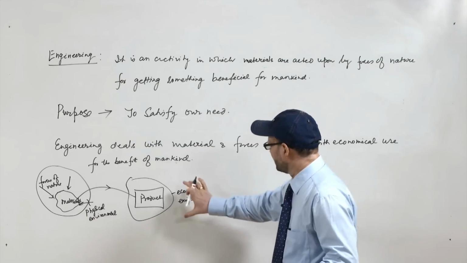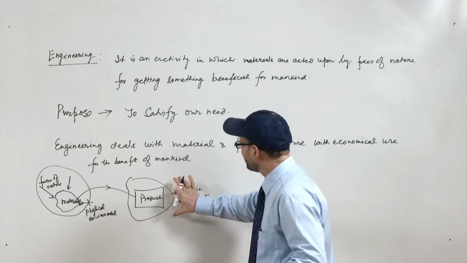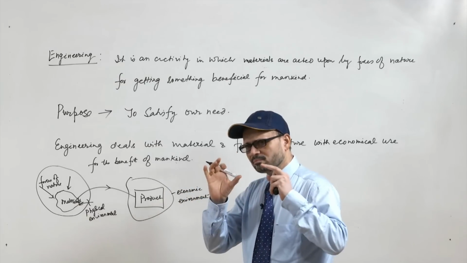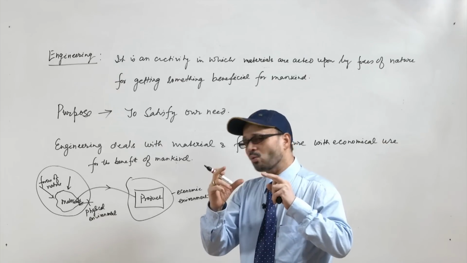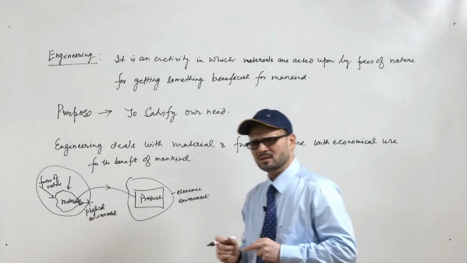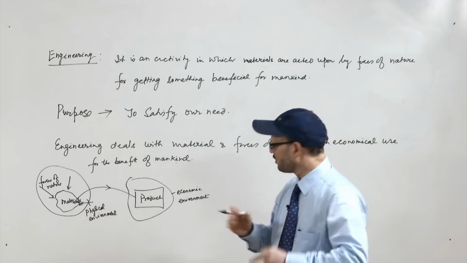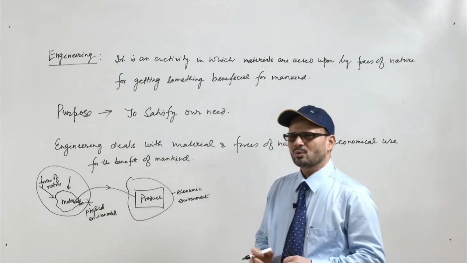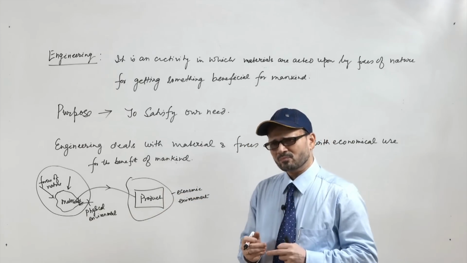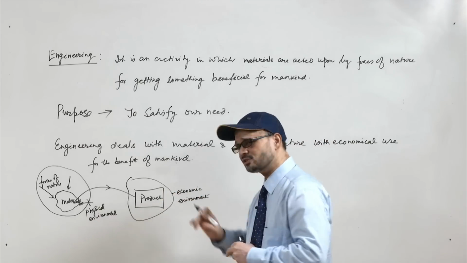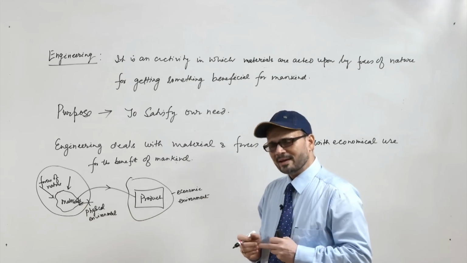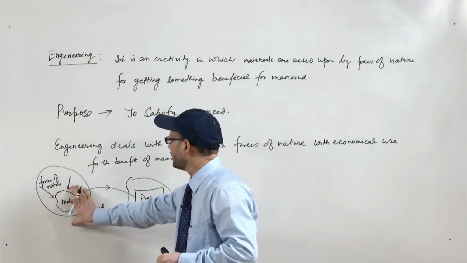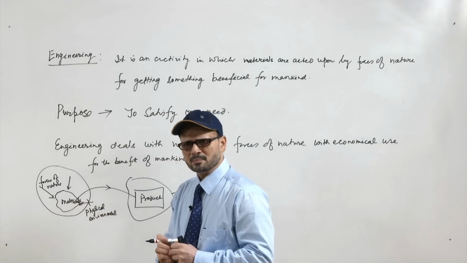In fact, this is to be kept in mind. Prior to this, engineers must know what they are going to produce, what is the overall economy, what is its life, who are their end users, what they want. Accordingly, they have to alter the physical environment.